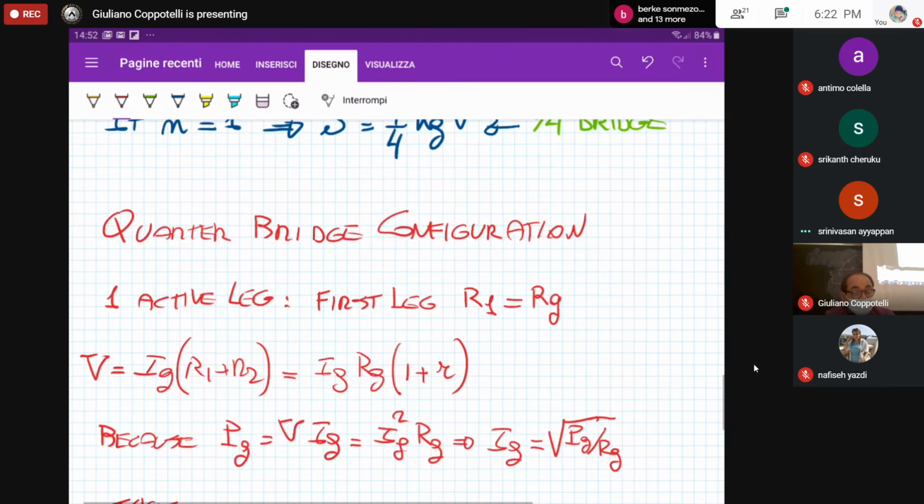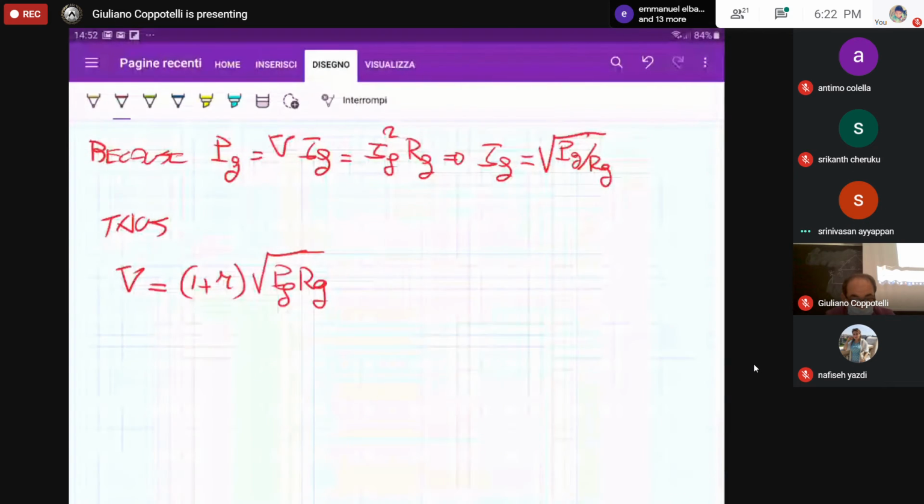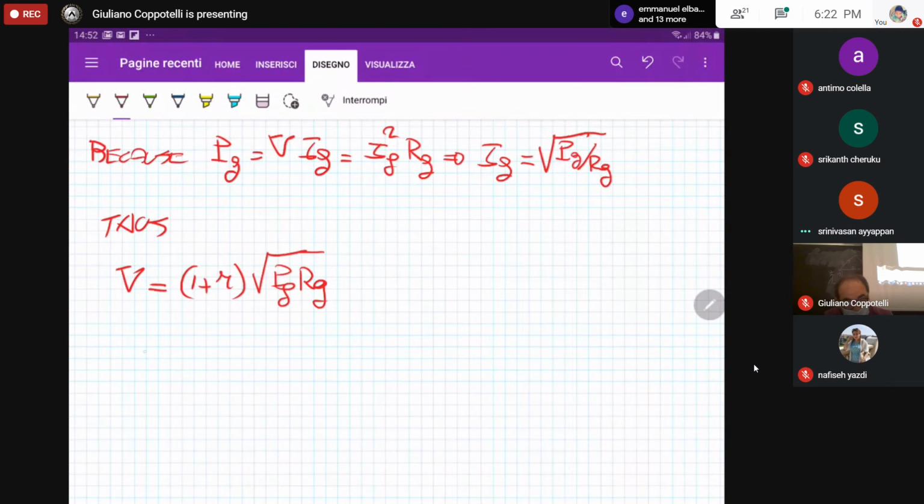So, Professor, let me rewrite that as E is equal to R over 1 plus R square and kg.